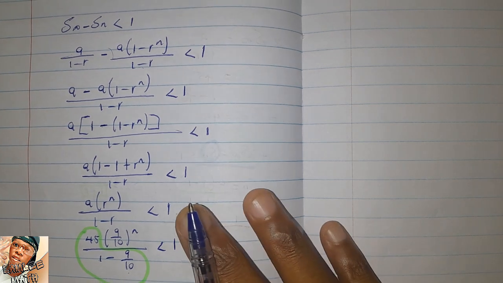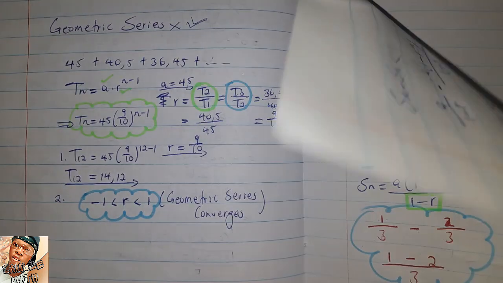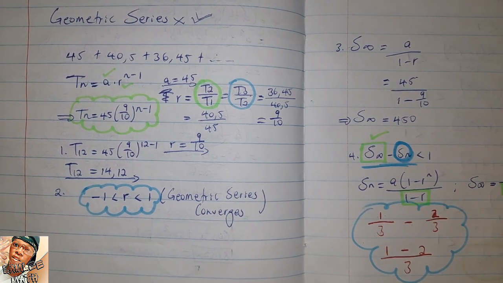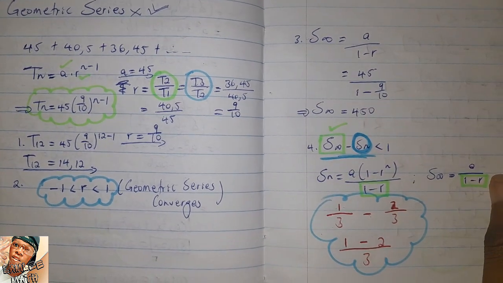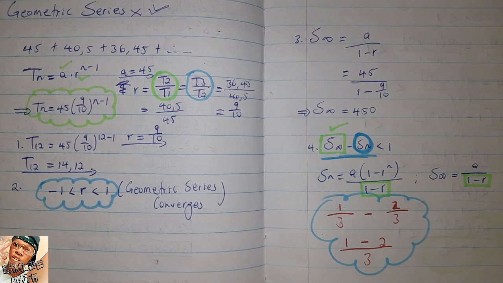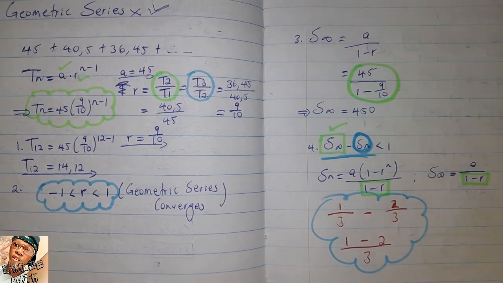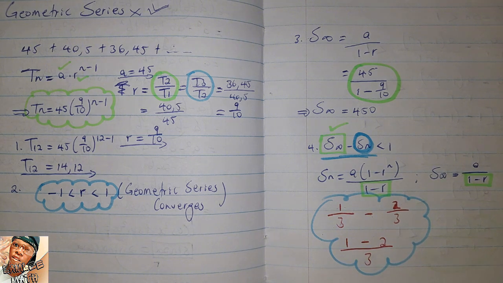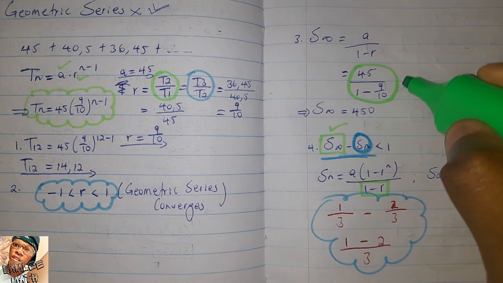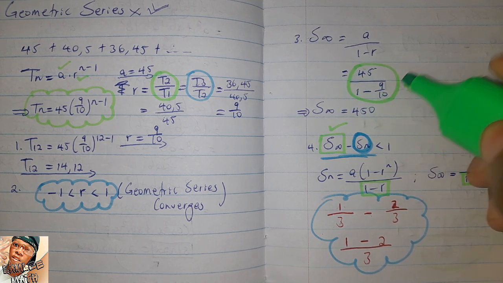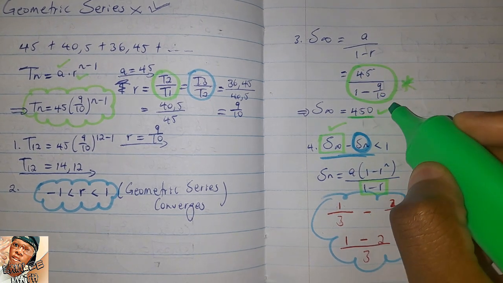Let me just go back to the previous paper. Remember when we were calculating the sum to infinity? We had something like 45 divided by 1 minus 9 over 10, right? We got it to be 450.